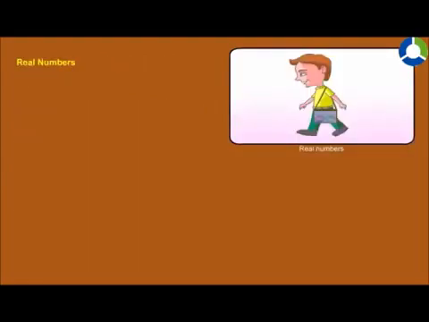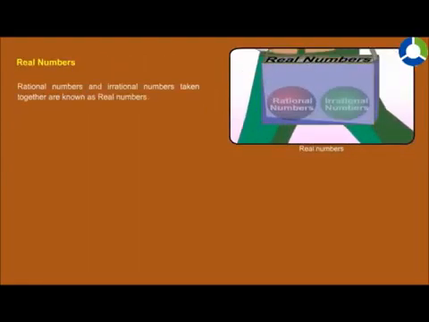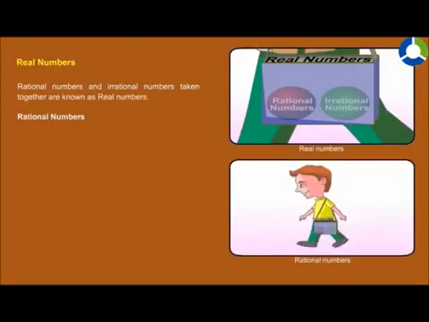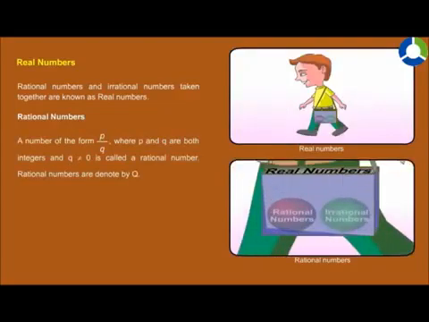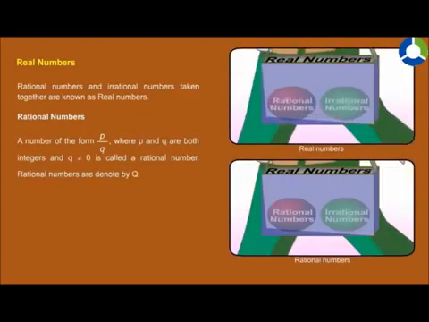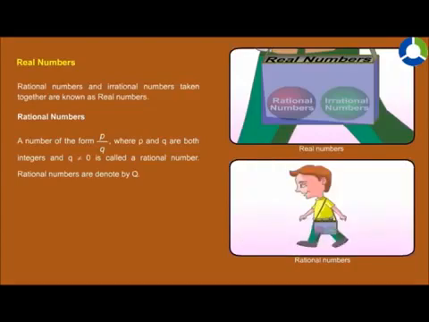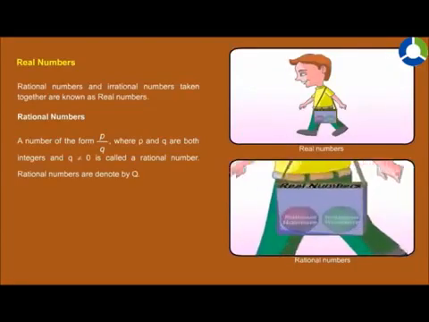Real numbers: rational numbers and irrational numbers taken together are known as real numbers. Rational numbers: a number of the form p/q, where p and q are both integers and q is not equal to 0, is called a rational number.